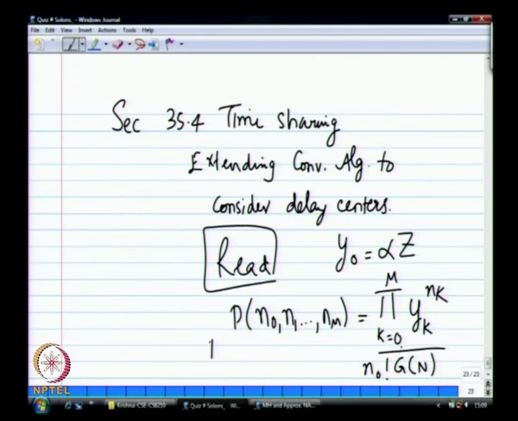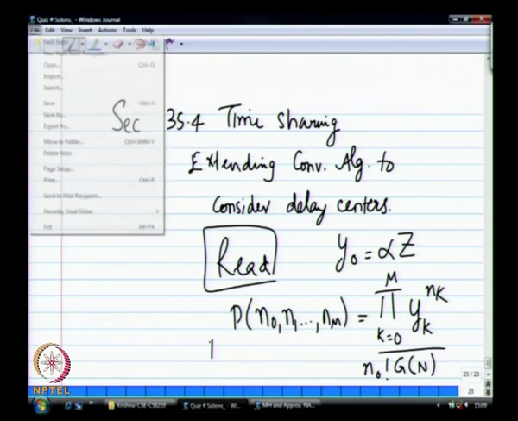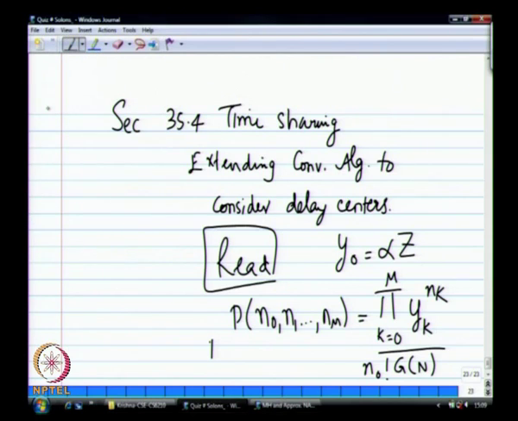You have this n naught factorial in your denominator, which we did not have before. So when n naught equals 0, it automatically became 1. So that is the only extension. Okay, that is the end of chapter 35.